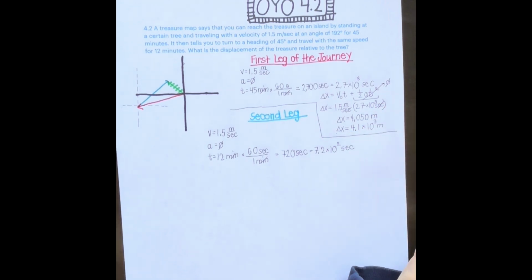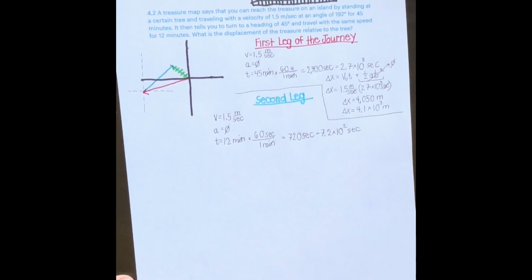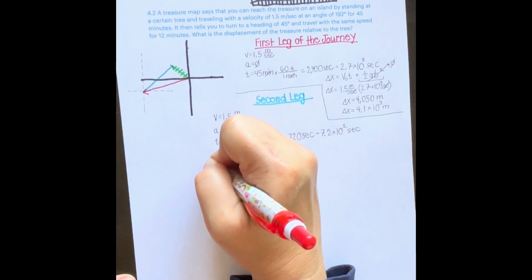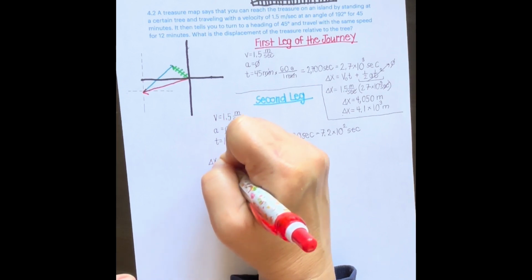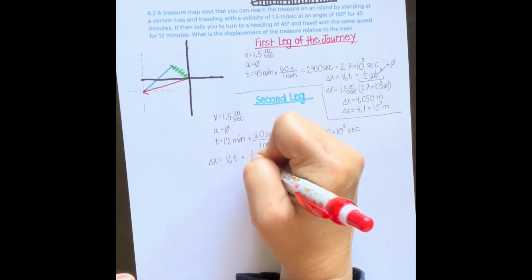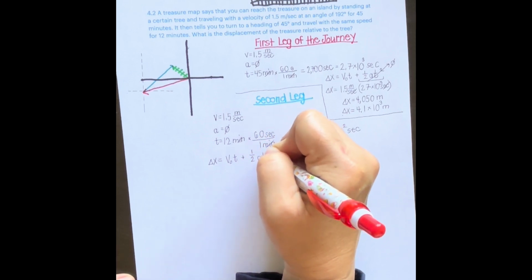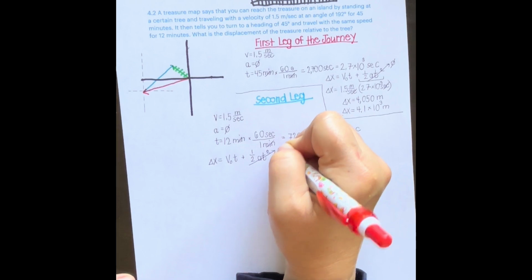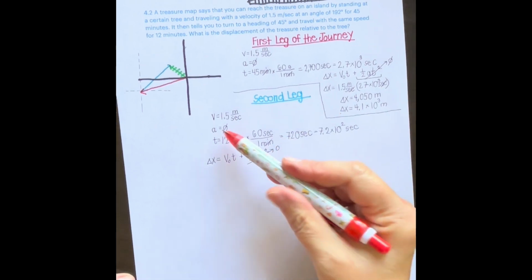All right, then we have to use our displacement formula to figure out what that displacement is. So delta x equals v naught times time plus 1/2 a t squared. Again, this is 0. Anything times 0 is 0.